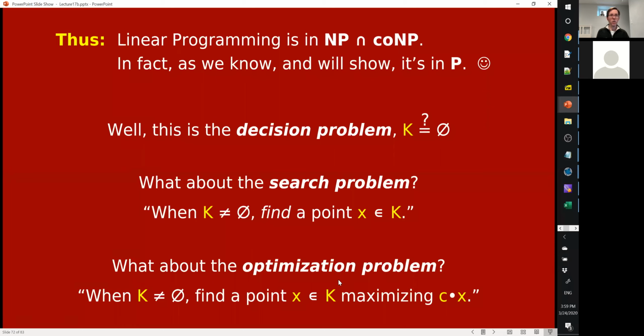So linear programming is usually thought about like this: you're given the inequalities, you want to find a point x that satisfies all the inequalities while maximizing this linear expression c dot x. I should also mention I said maximizing here, but you can equivalently minimize, because maximizing c dot x is the same as minimizing negative c dot x.